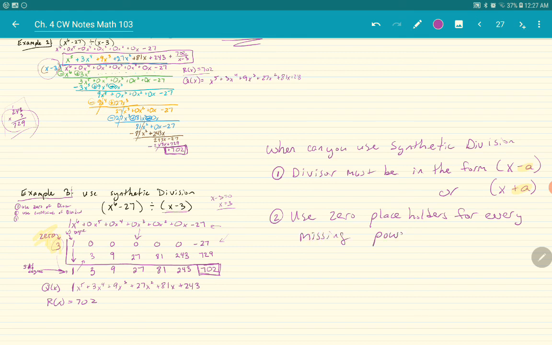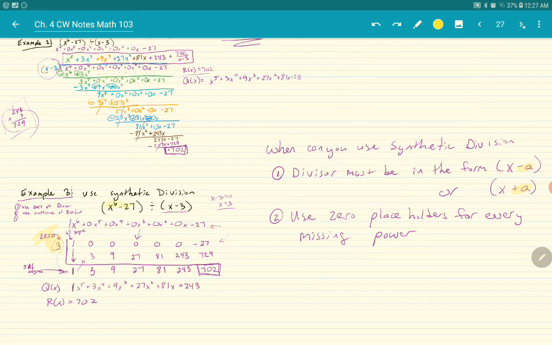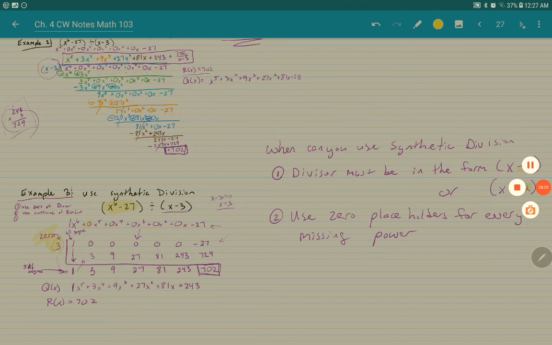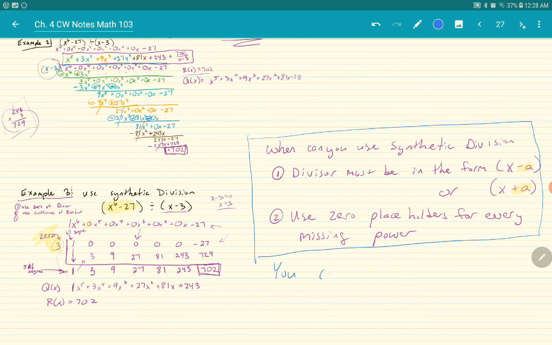What I mean by that is, let me use a highlighter, this thing was missing an x to the 5th term, I had to use a 0. So I have every power represented. This is a restriction on synthetic division, whereas you can always use long division.